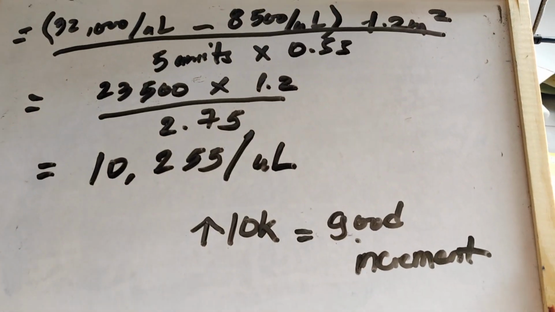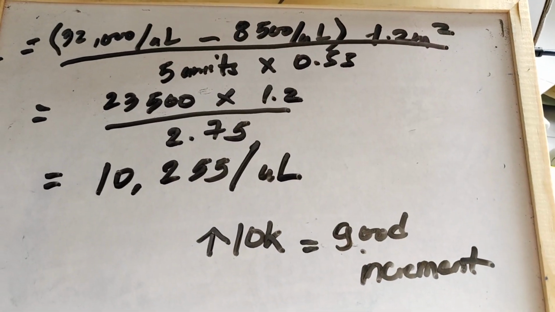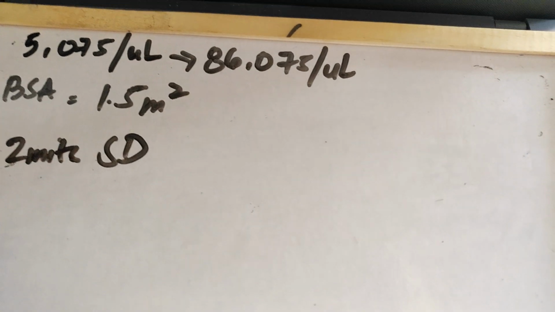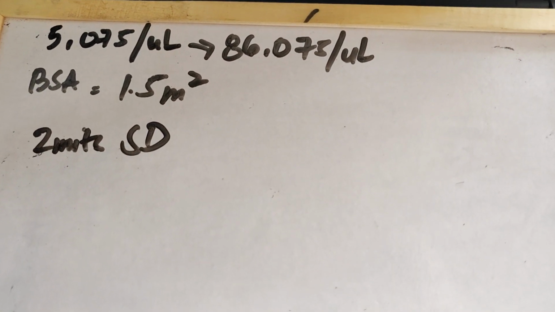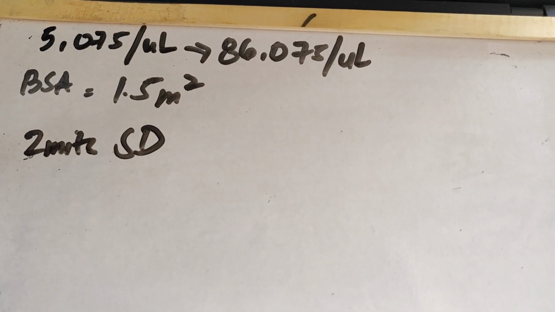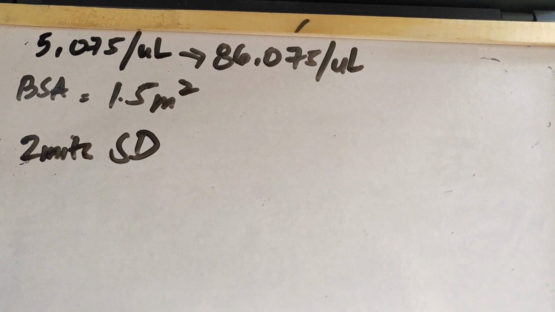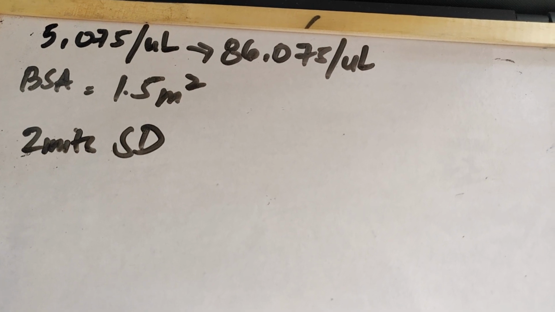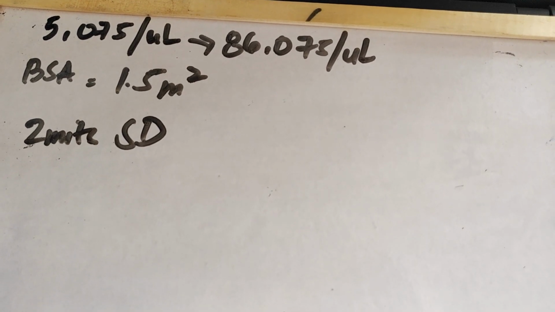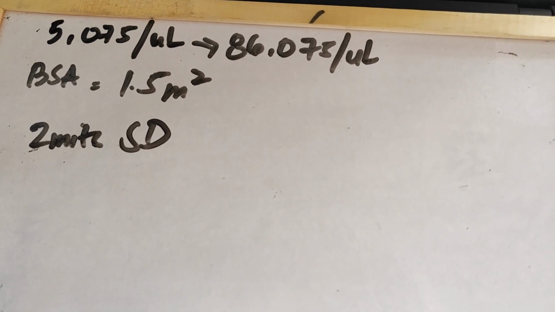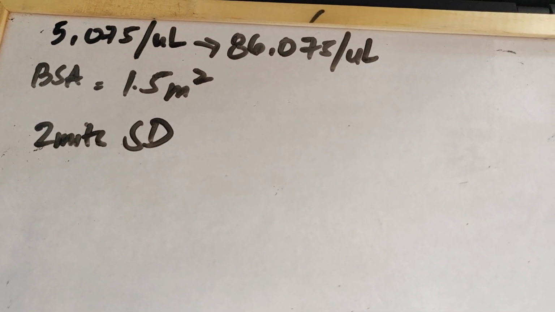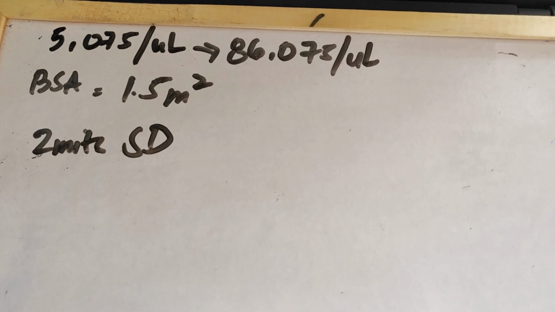Let's give another example. Take note of these values again. Our initial platelet count is 5,075 per UL. We transfused 2 units of SD, and the platelet count became 86,075 per UL. Her BSA is 1.5 meter squared.